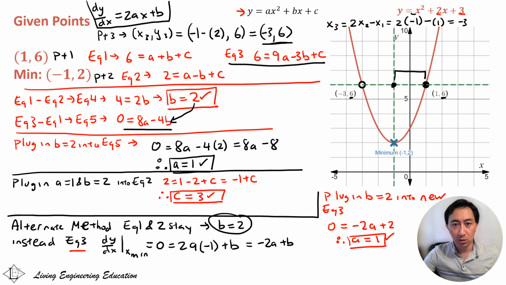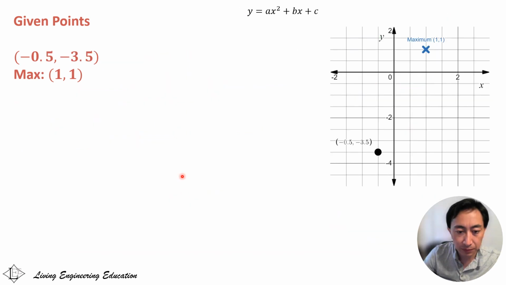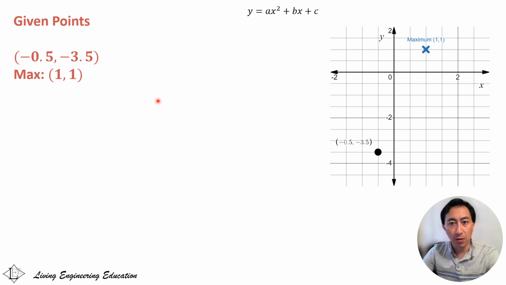Okay, so let's take a look at one more example problem. For this second problem, I'm not going to give you the final answer. I'm just going to tell you that we have a maximum point of (1, 1), and then we have some random point (-0.5, -3.5). Pause the video now and try to solve for A, B, and C using either method.